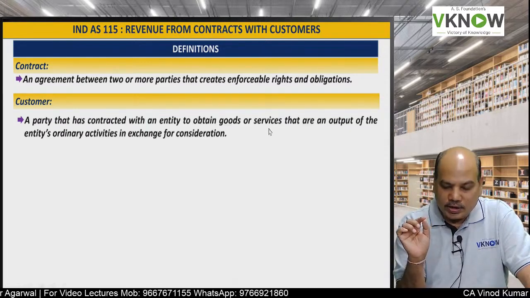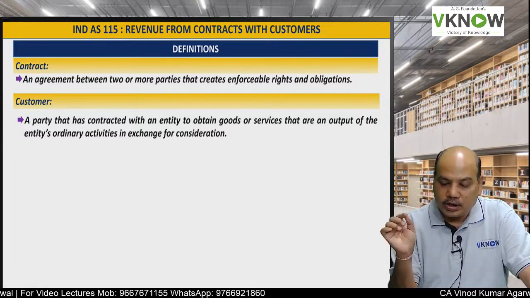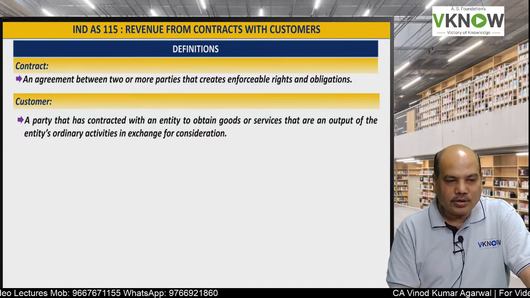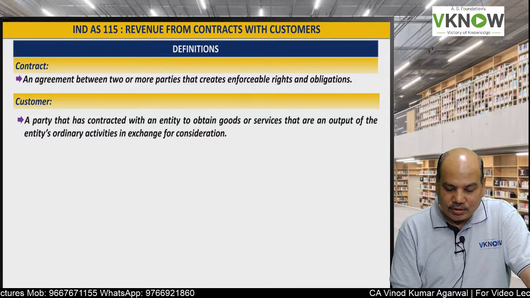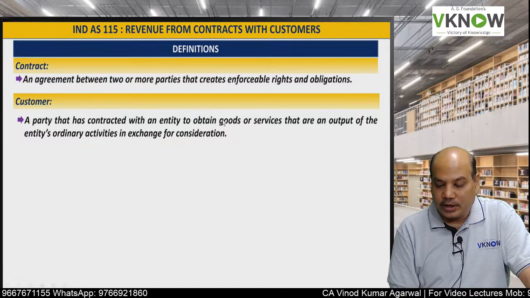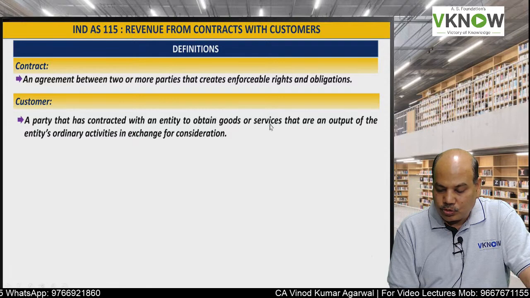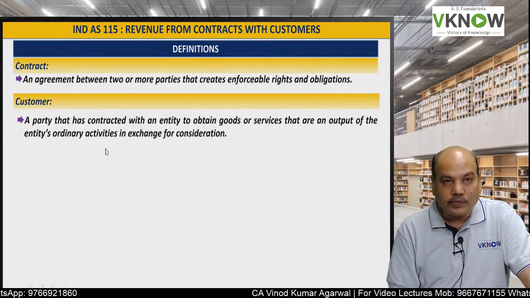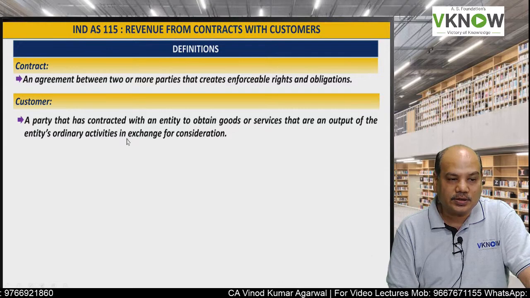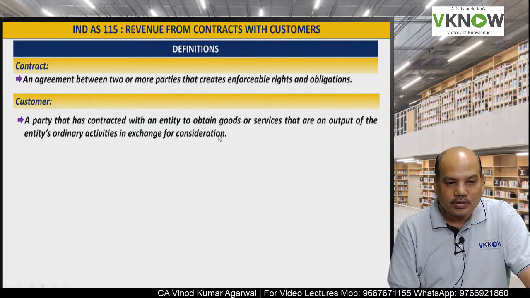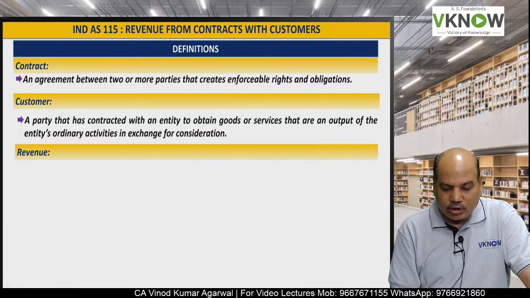Because the name of the standard is Revenue from Contract with Customer, the counterparty should be the customer. A customer is a party that has contracted with the entity to obtain goods or services that are an output of the entity's ordinary activities in exchange for consideration. Then it is called a customer.